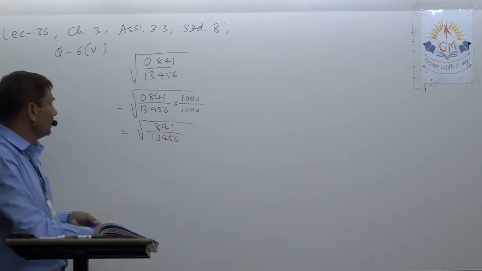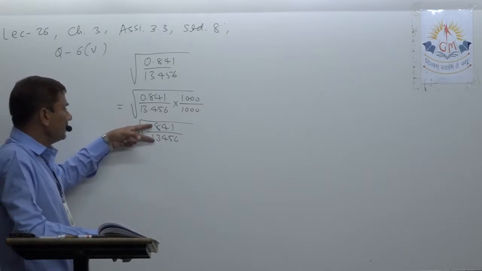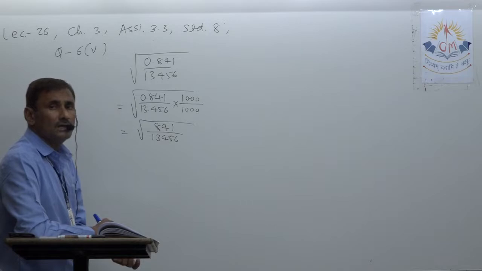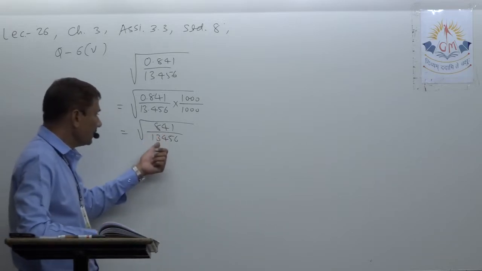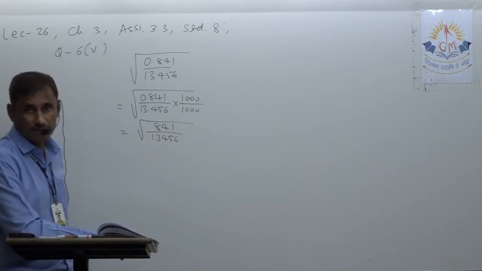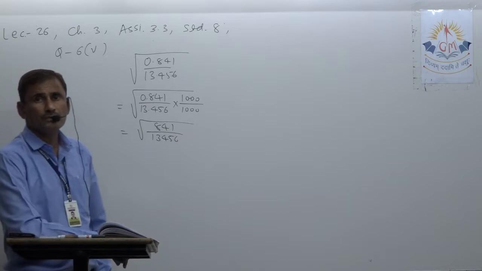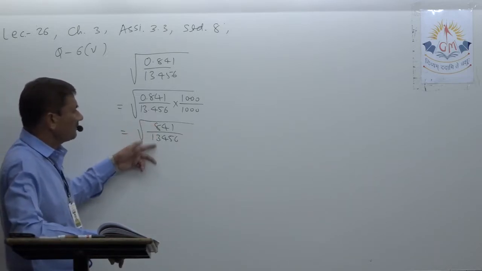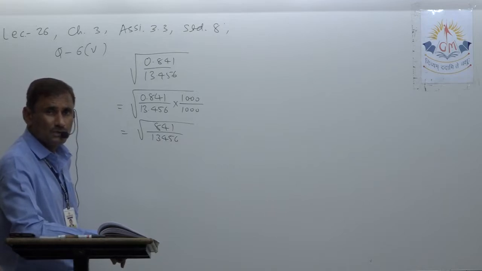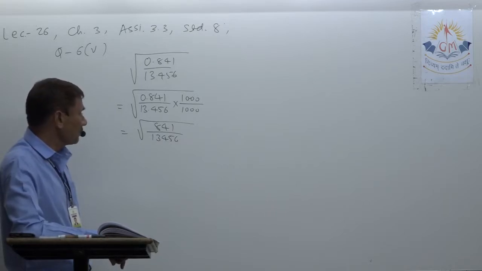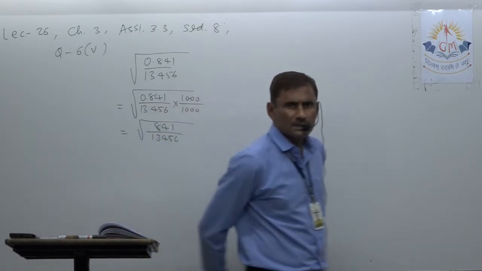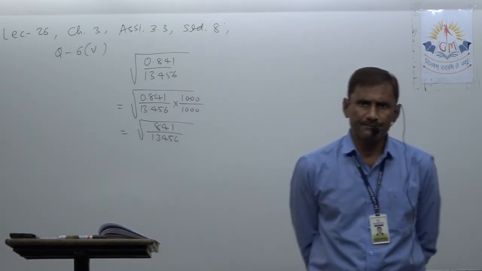Now either you find the square root of both individually, otherwise you first divide them and then find the square root. Any way you have to find it. But I think dividing this number by that will be somewhat long. So it is better to find the square roots only, and here it is not necessary to show the calculation of finding the square root.